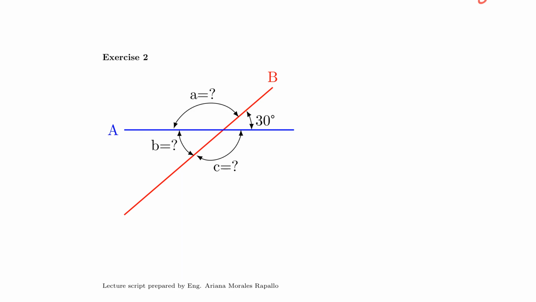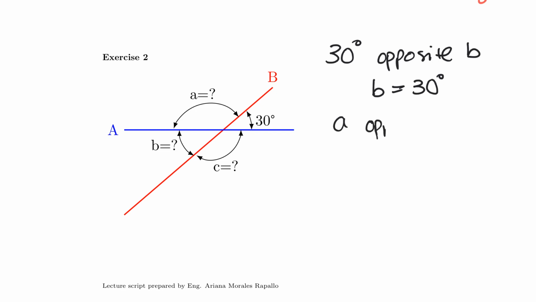We know that the angle 30 degrees is opposite to B, which means that B is equal to 30, because we know that opposite angles are equal. And we know that angle A is opposite to C, which means that A is equal to C.